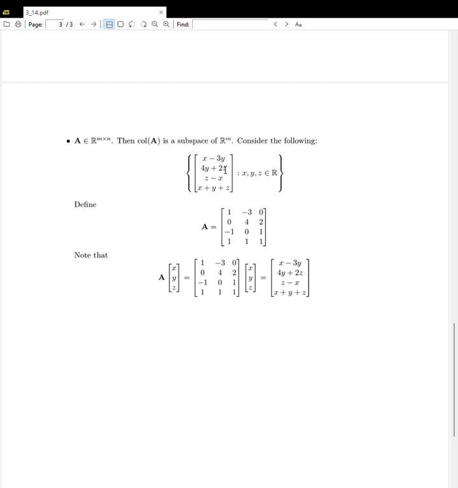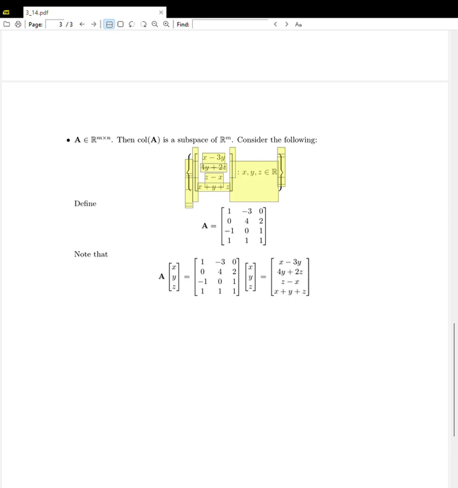Here now, we just sort of have directly that A times x is equal to that, and recall that's precisely what the column space is. It's the collection of all things that look like A times x. So this thing right here is in fact now a subspace because it is actually a column space.